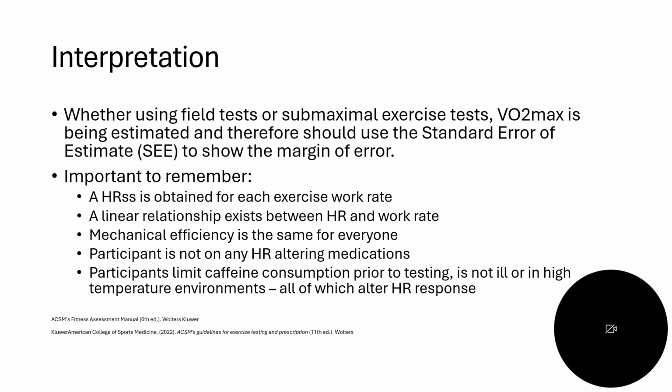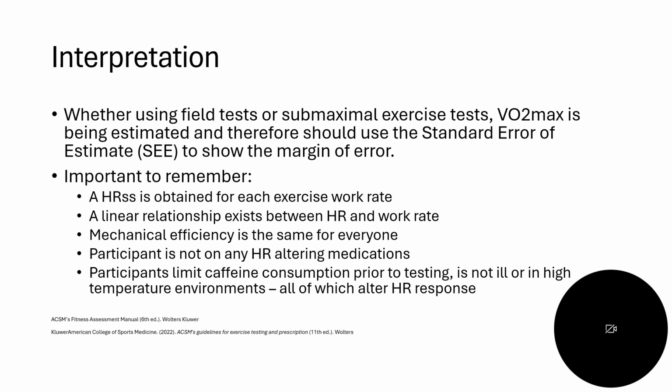The steady state heart rate is obtained for each exercise work rate. There is a linear relationship that exists between the HR and work rate. Mechanical efficiency is the same for everyone. Participant is not on any HR or heart rate altering medications.